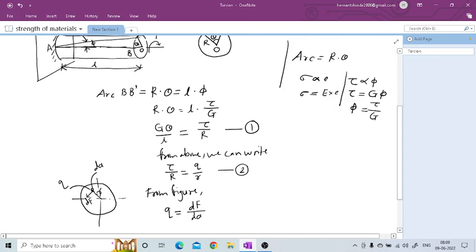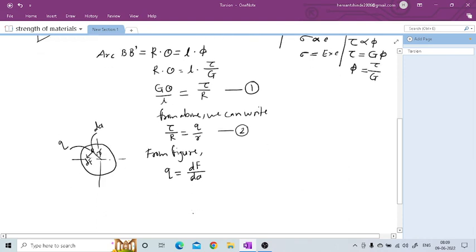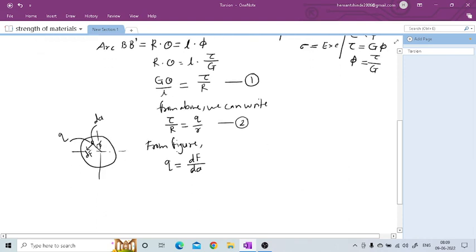As we have considered small area and small force, q is equal to dF by dA. So I'll rearrange the term to get the force value. So dF will be q into dA.